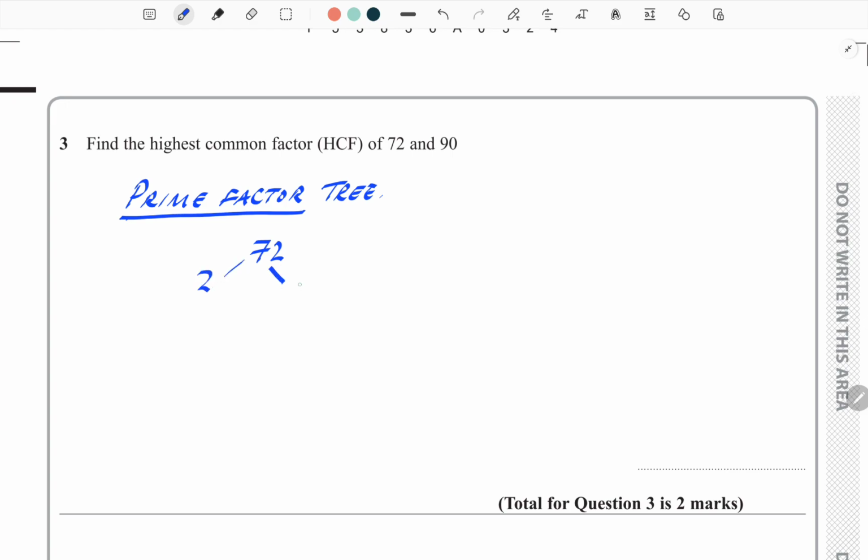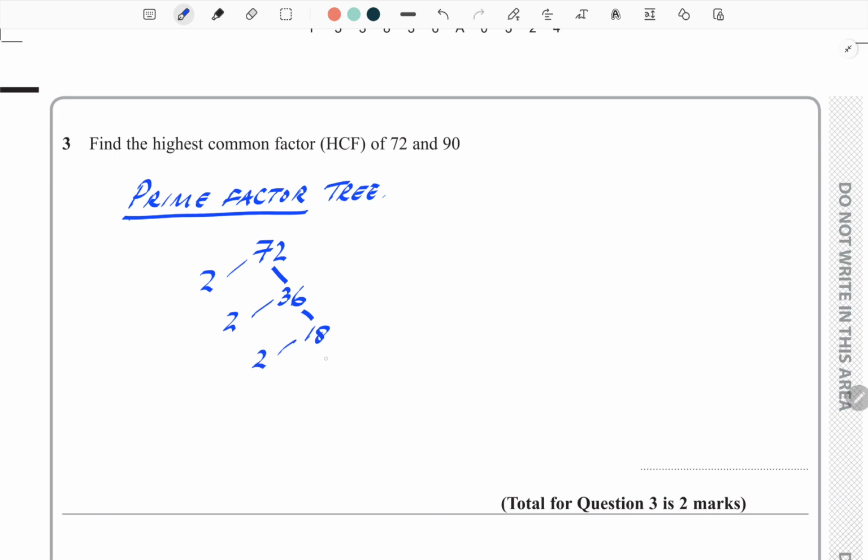That leaves us with 36. 2 again gives us 18. Divide by 2 again, and that gives us 9. Divide that by 3, and it leaves us 3. There we are. So effectively, 72 is made up of 2 times 2 times 2 times 3 times 3, etc.